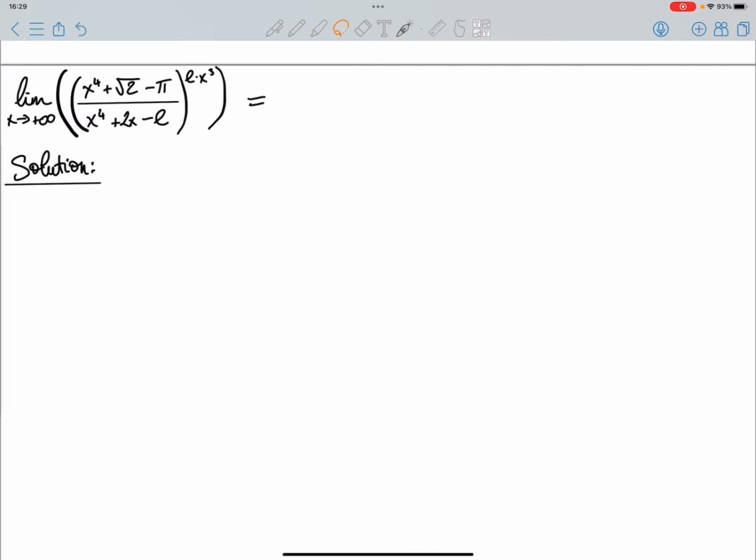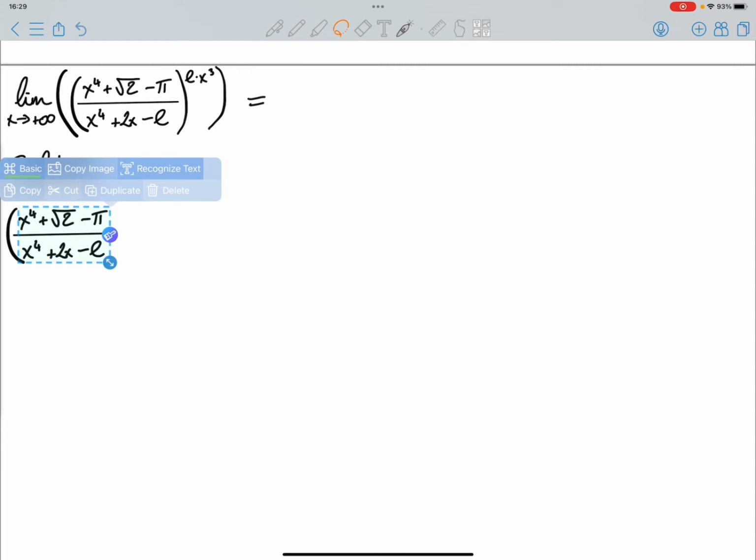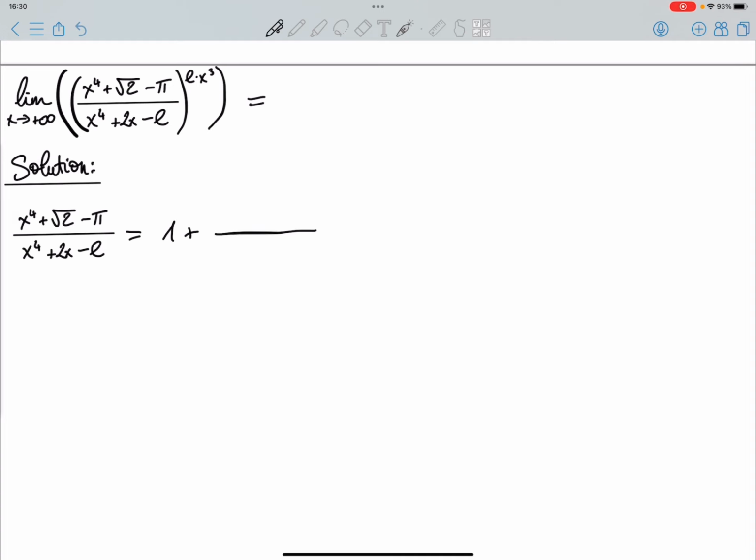So first, let's consider this fraction here inside this function. Now we are going to write it down in a different way. So this is equal to 1 plus the fraction, and then we subtract 1 from the fraction: square root of 2 minus pi over x to the power 4 plus 2x minus e.